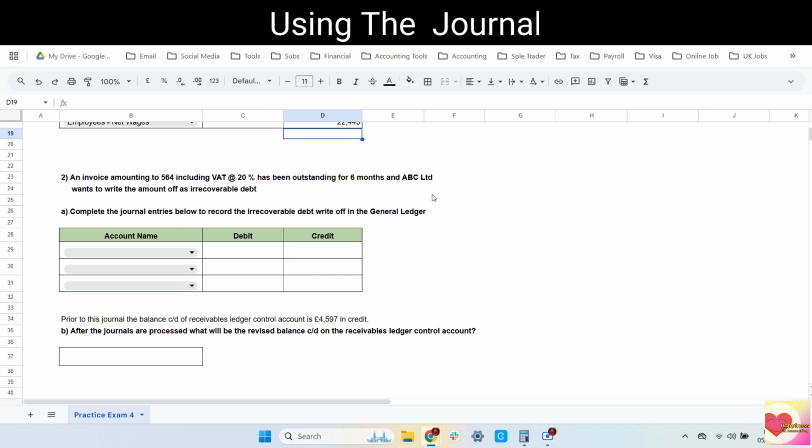ABC Limited issued an invoice 6 months ago for a sale amounting to 564, including VAT. That invoice is still not paid until now, and ABC Limited wants to write it off as irrecoverable debt. The three accounts in General Ledger where we should record the irrecoverable debt are RLCA, VAT, and irrecoverable debt expense account. So let's enter them here in the account.